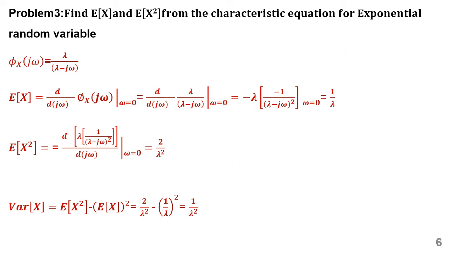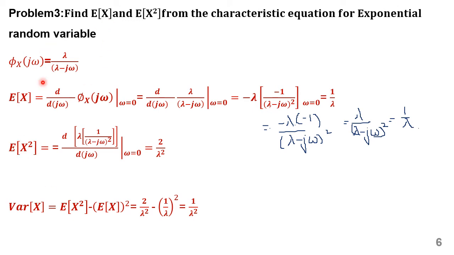When we differentiate the characteristic function, we get the answer as lambda divided by (lambda minus j omega) whole square. Substituting the omega value equal to 0, we get this as 1 divided by lambda. Now we can get the expectation of x square.